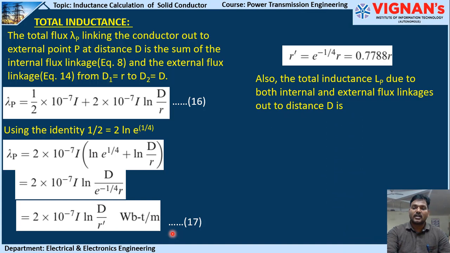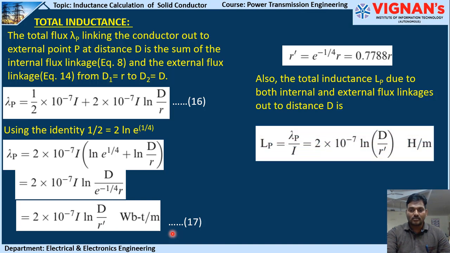So the total inductance is the ratio of total flux linkages by total current, so LP is equal to lambda P by I. Lambda P is given in equation number 17. Cancel I, and you will get 2 into 10 power minus 7 ln of D by r dash Henry per meter. This is the final equation number 18, which gives the total inductance of a solid conductor.